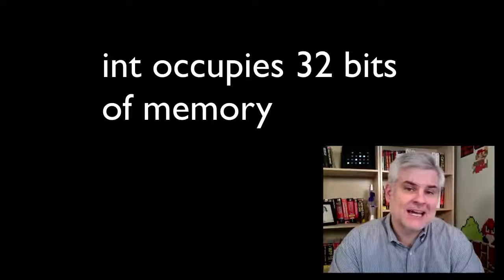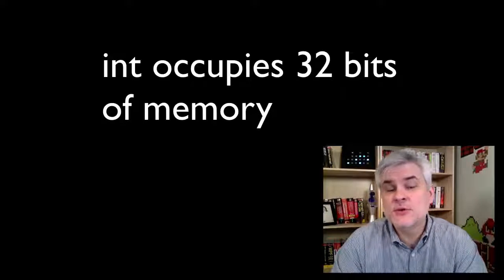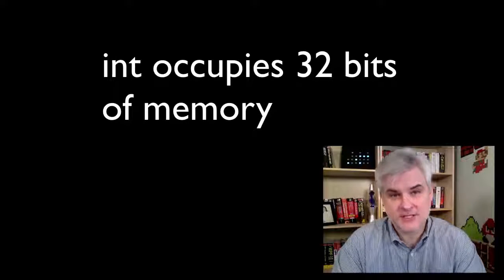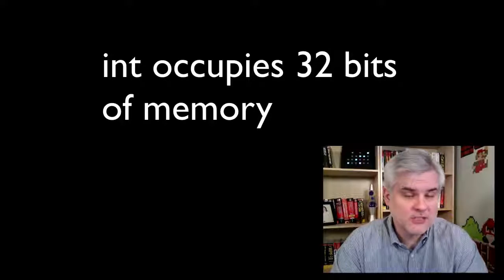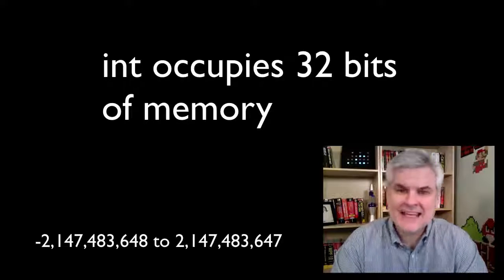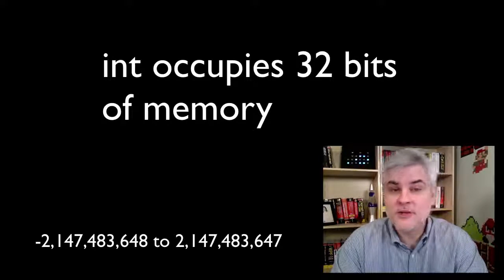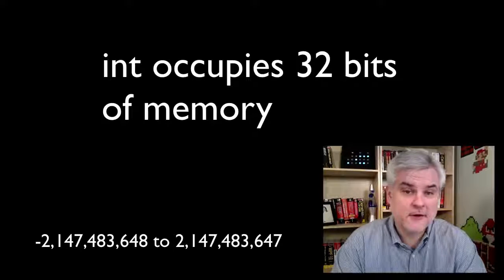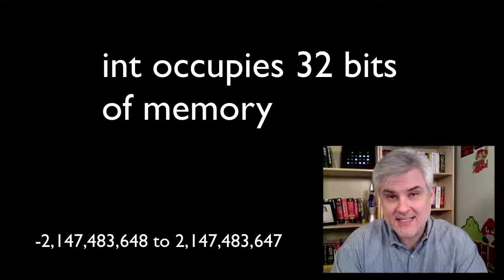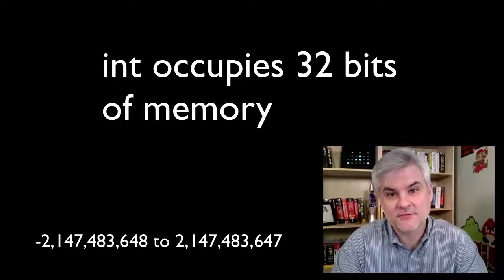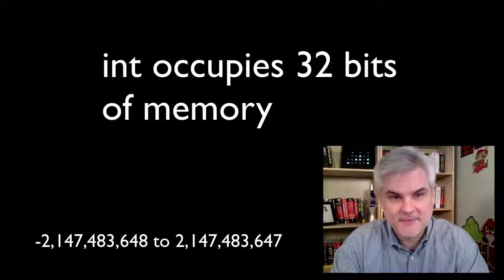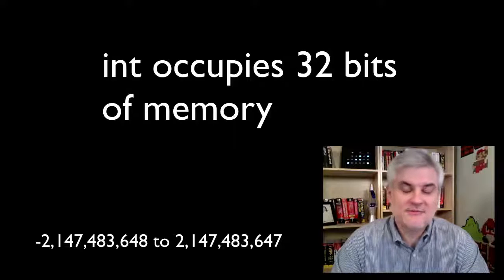The int data type occupies 32 bits of memory space, and as a result, it can hold a number from negative 2,147,483,648 to a positive 2,147,483,647. All right, so mind-boggling, right?